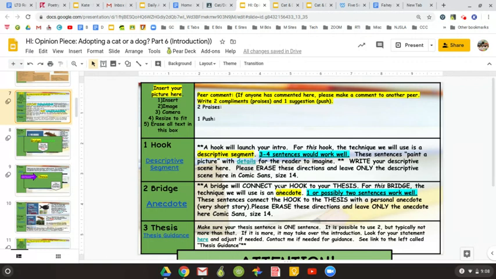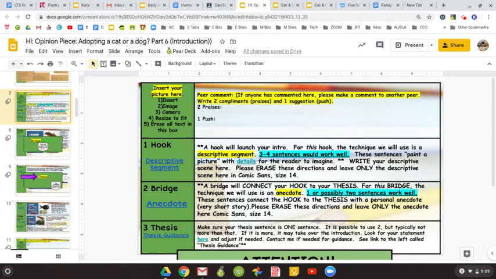Your bridge is just going to simply connect in 1 or 2 sentences to the thesis. It could be a very short story of how maybe a cat or a dog has helped you in your life, or perhaps this same scene, how you've had that scene work for you, and then lead it into the thesis. Or you can just lead the story into the thesis by saying, similar to what we just saw, this can happen to you too.